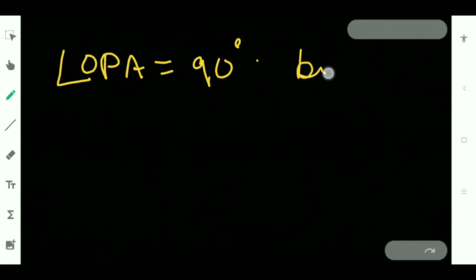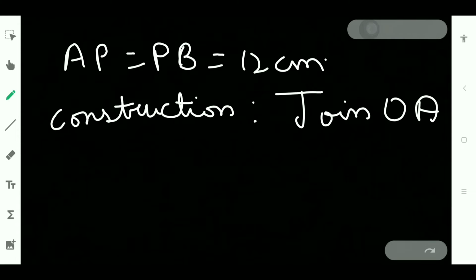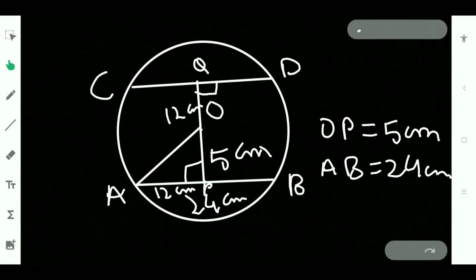So by Pythagoras theorem, which I have already explained in the previous video, when a triangle has a 90 degree angle, the side opposite to that angle is called the hypotenuse. The hypotenuse square will be equal to the sum of the squares of the other two sides, meaning OA square will be equal to AP square plus OP square.